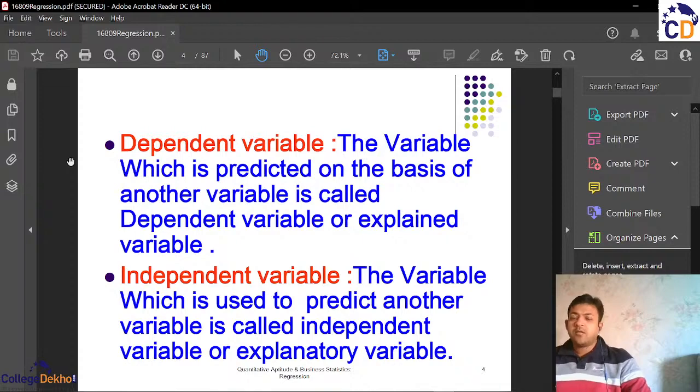We can have the equation in the reverse order as well. We can have x is equal to 3y plus 4. In this case, y will be the independent variable and x will be the dependent variable. So when we put the value of y this time, we'll get the value of x. So basically either way, we put the value of x, we get the value of y. We put the value of y, we get the value of x.